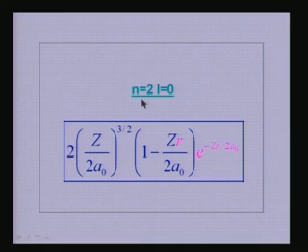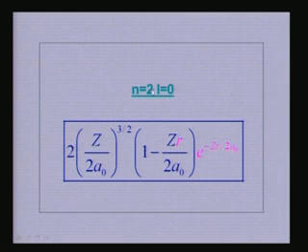Let me go to the next one. N equal to 2, l equal to 0. The radial function is 1 minus r by 2 a naught, z is 1, times e to the minus r by 2 a naught. As you increase from r equal to 0 to higher values, this function becomes smaller, but it is not 0. It goes to 0 at r equal to 2 a naught and then it is negative for all values of r greater than 2 a naught.